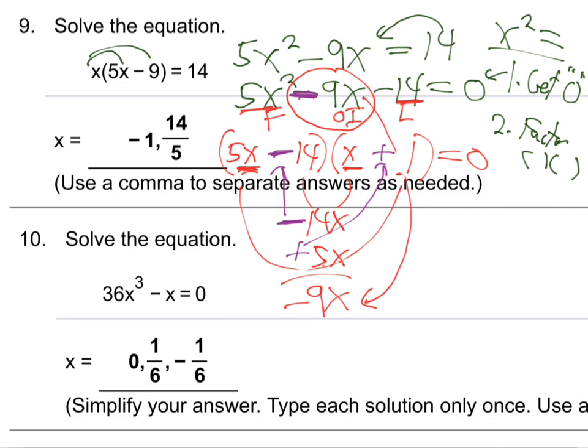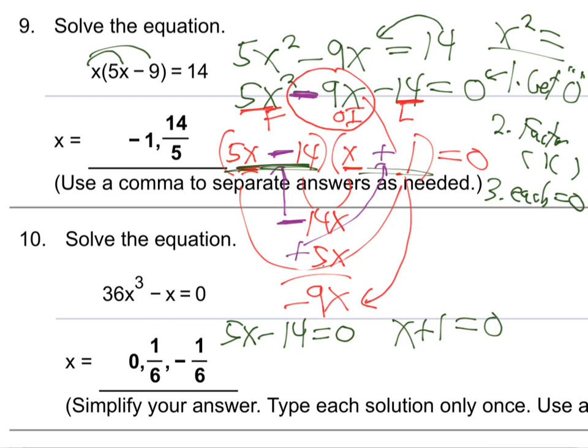So now, what do we do from here? Well, step 3, each one gets their own 0, right? So 5x minus 14 gets a 0. And then x plus 1 gets a 0, right? Because they're 2 things timesing to be 0, so either one could be 0. And now we finish solving each of those. So how do we solve this one?